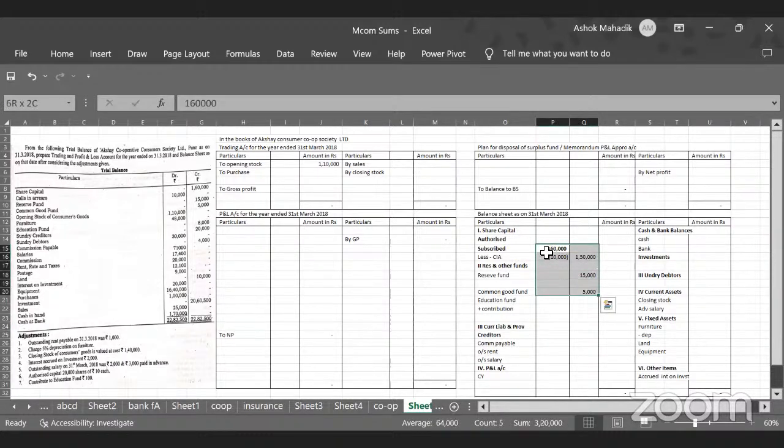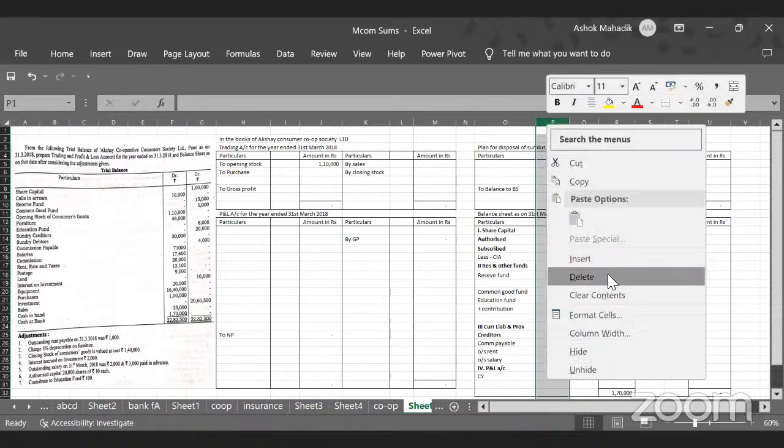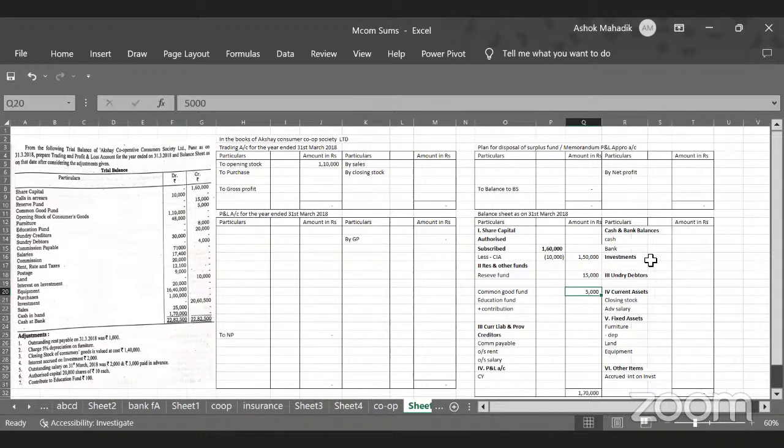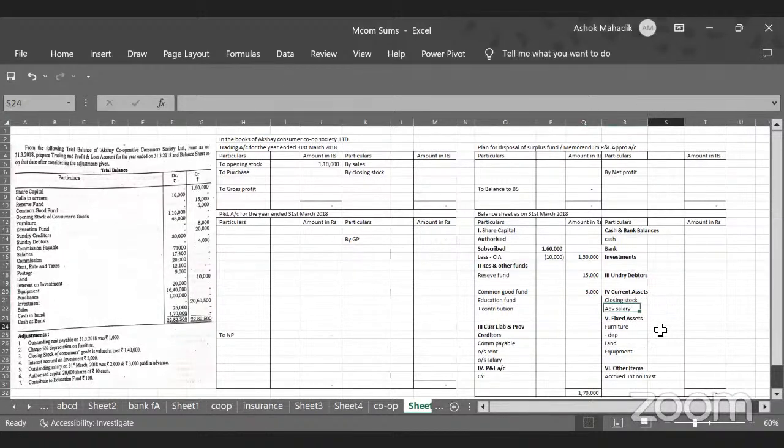Wait, just give me a minute. So here I need the inner column. Yeah. So furniture value is 48,000.